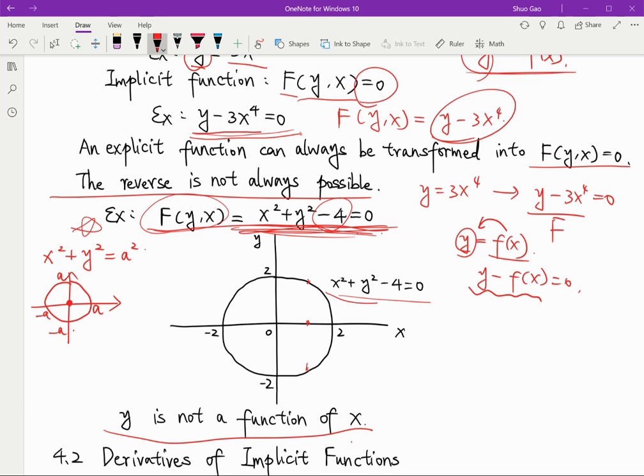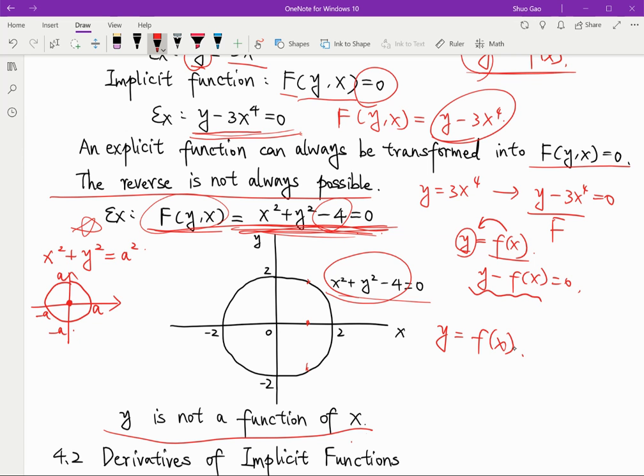So this relation is called an expression. The big F of y and x here is called the expression of y and x. It's not a function of y and x, where y is not a function and y cannot be written as y equals f of x.